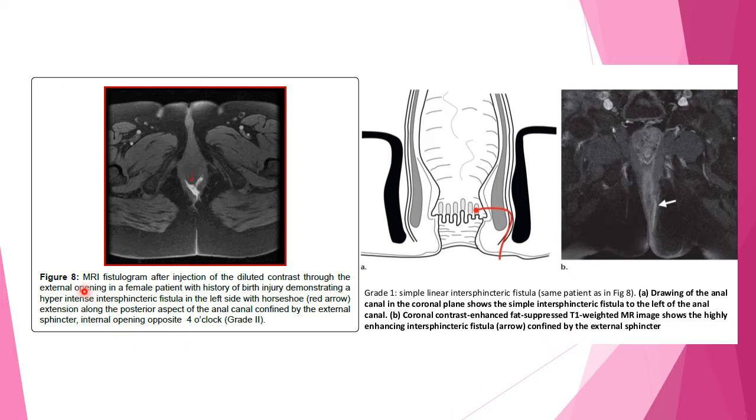Again, this is an MRI fistulogram after injection of diluted contrast through the external opening in a female patient with a history of birth injury, demonstrating a hyperintense intersphincteric fistula on the left side. In this case, you can see the horseshoe type of fistulogram picture, in keeping with Goodsall's rule, there is a posterior extension of the fistula.